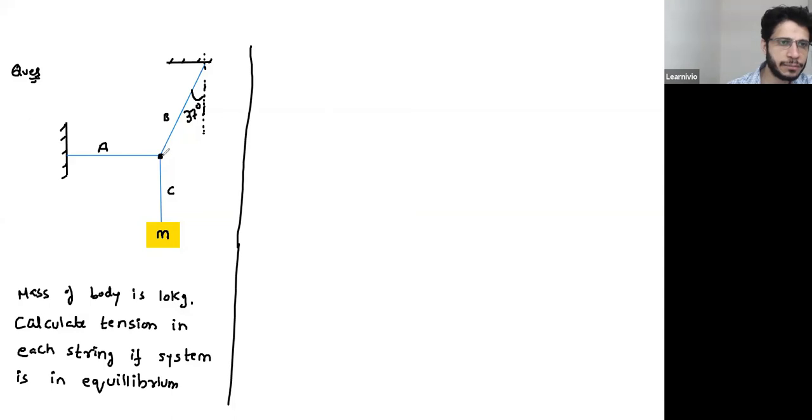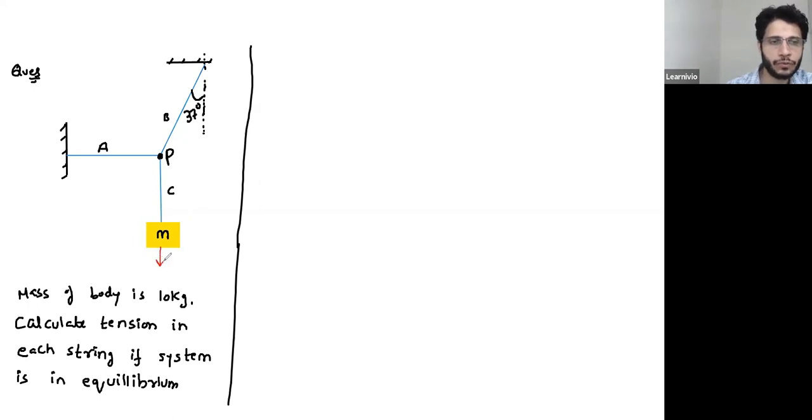Let's name this point as point P. First of all, let's consider this mass M. How many forces are acting over this mass M? Can you decide the total number of forces acting on it?